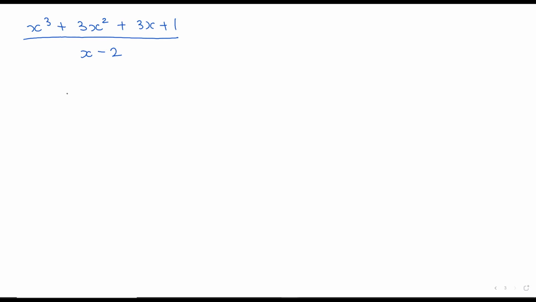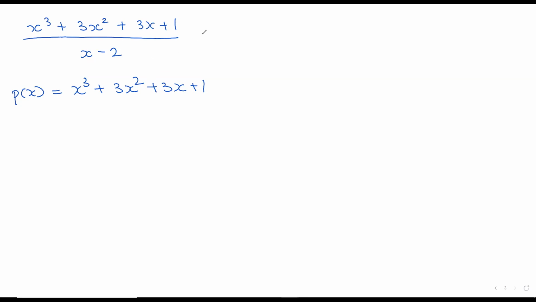So over here, Hamna, what is p of x? Ma'am, x cube plus 3x square plus 3x plus 1. Yeah, very good. So this is our p of x. Okay. So our remainder theorem, what does it tell us?